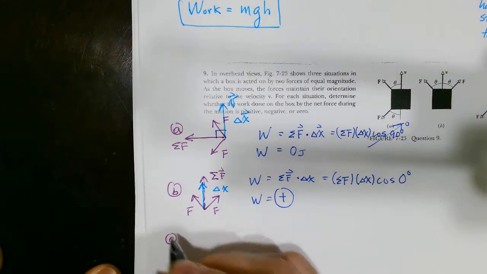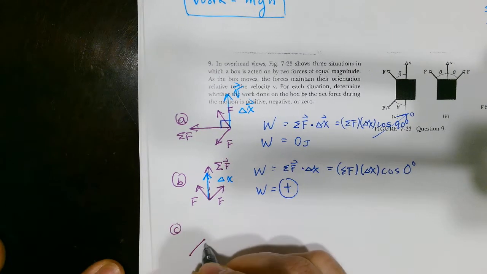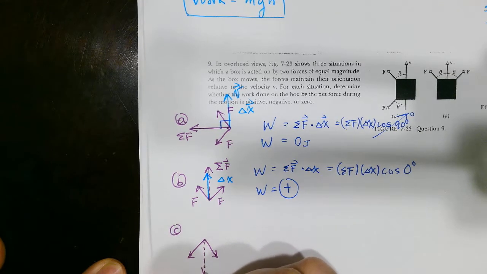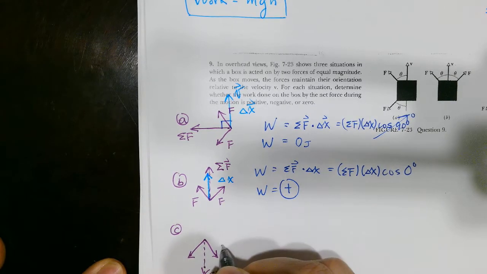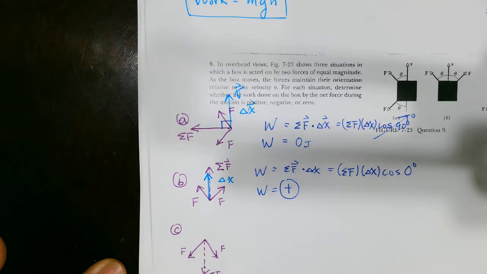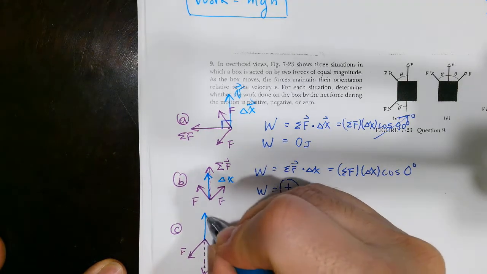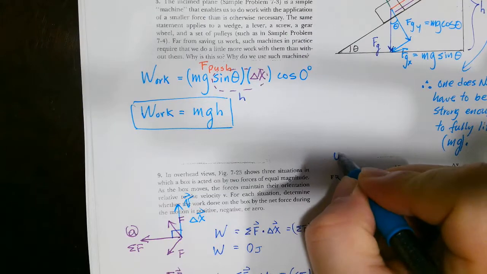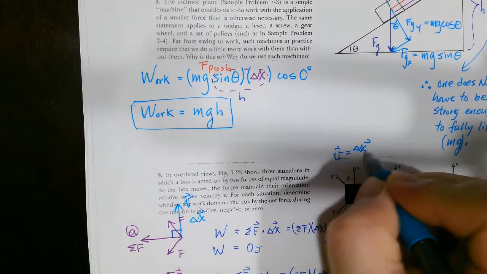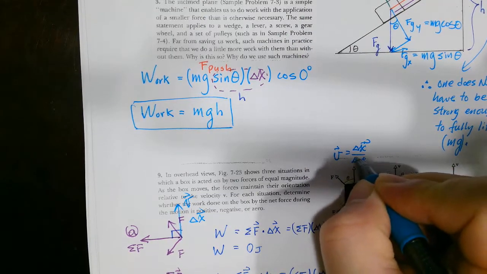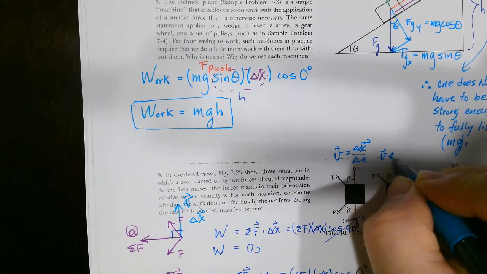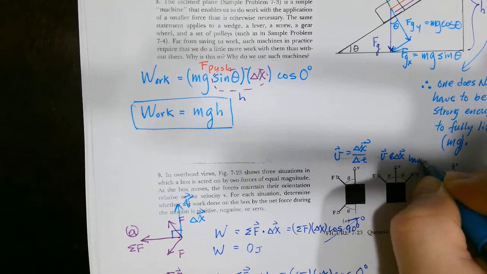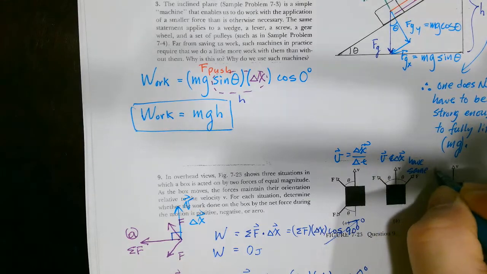And for part C, I have two forces going this way, therefore I have my net force going this way. Since my velocity vector is going this way, that is my delta x vector as well, because velocity is delta x over delta t, so velocity and delta x have the same direction.